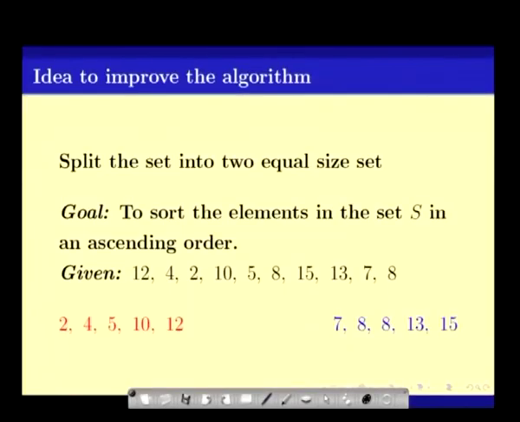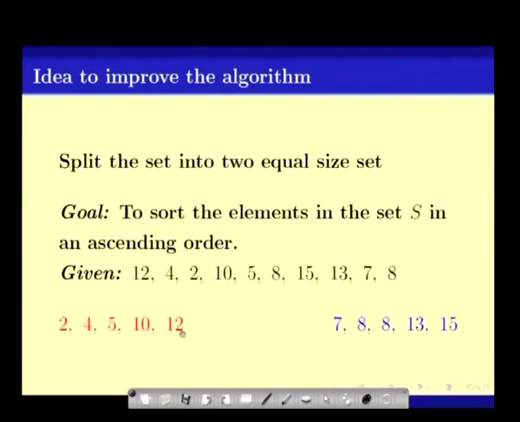This sounds very similar to what we did for quicksort, except that in quicksort there was a pivot which ensured that the ones on the left are always less than the ones on the right, and thus we could output just the concatenation of the two sorted lists. Unfortunately, we cannot do it here, because note that 12 is greater than 7. So, if you just put these two sets together, we would not get a sorted list.